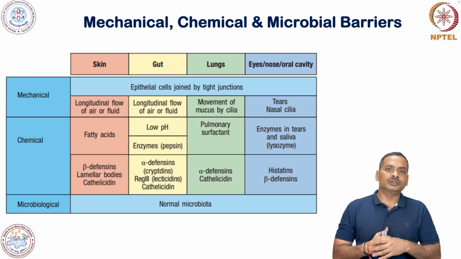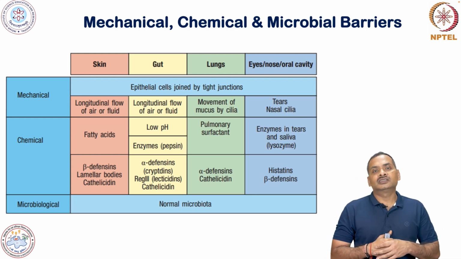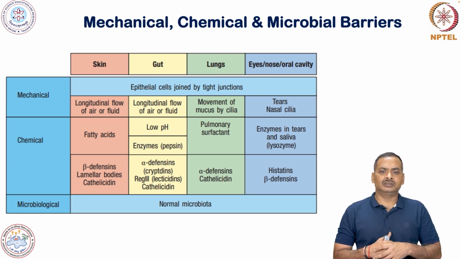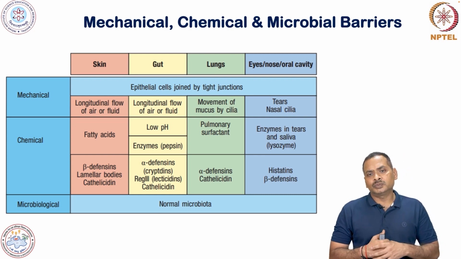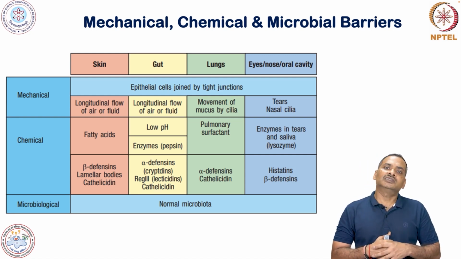In saliva also it is present, and that defends against microbes, irrespective of pathogenic or non-pathogenic. Histatines are also present. These are proteins or antimicrobial peptides, and there is a beta defensin.